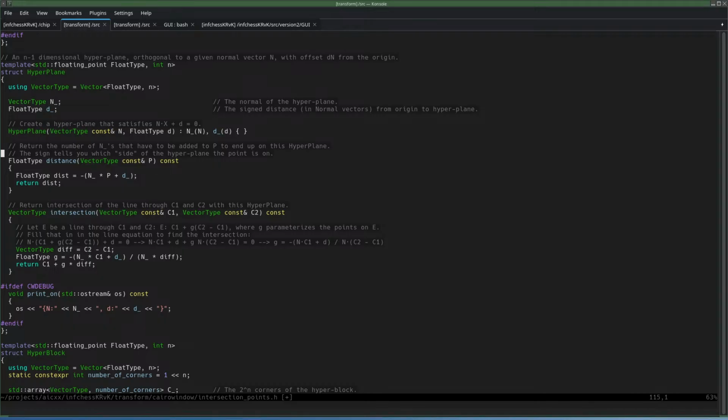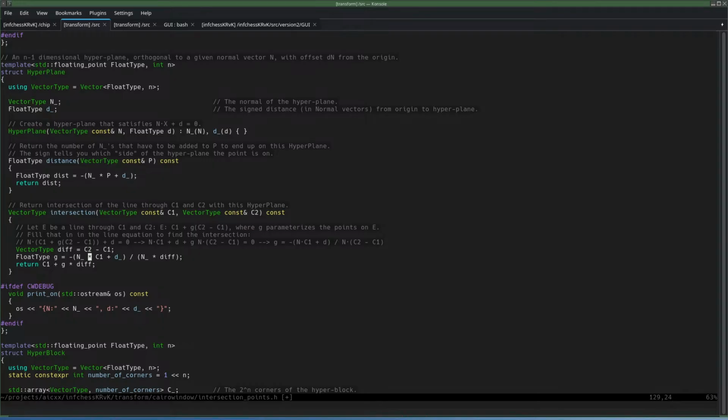And then this would calculate the intersection between a line through two points and that volume. So we have the equation for the line through this point, c1 plus g times c2 minus c1, and we fill that into the equation for the hyperplane.